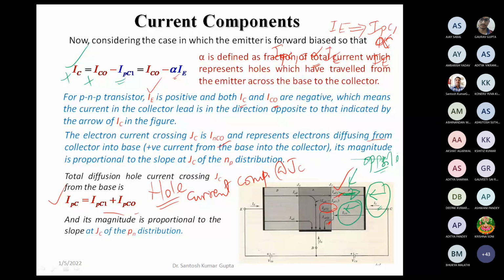We have already argued that a part is arising from the carriers being ejected from the emitter to the base, and another is due to the diffusion of holes, not really from the base. Okay, from the base it may be there, but mostly the thermally generated electron hole pairs are the cause of this IPCO and INCO, and mostly these are constant. That's why.